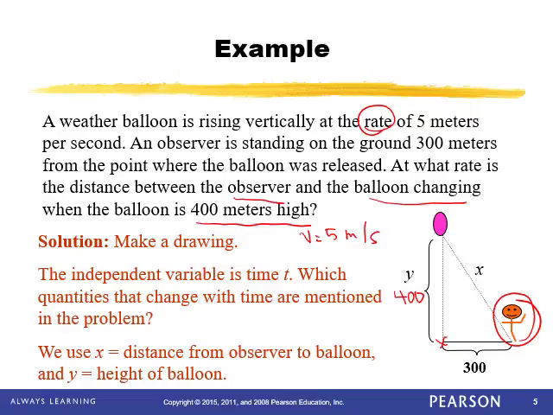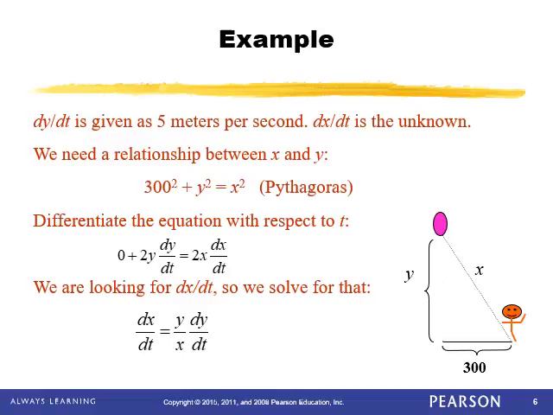We're going to let x be the distance from the observer to the balloon, and y is the height of the balloon. And so now we have this really cool triangle, right? 300 squared plus y squared is going to give us x squared. This is our hypotenuse right here, and you can use the Pythagorean theorem.